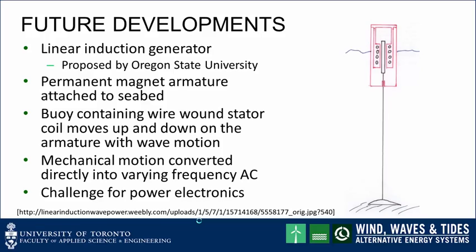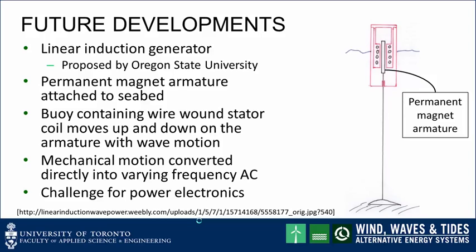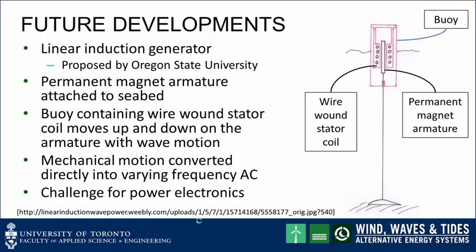In this design, there's a permanent magnet armature attached to the seabed, and the buoy, which contains a wire-wound stator, moves up and down on the armature with the wave motion. So you can see the oscillation there, and the mechanical motion of the buoy on the armature is converted directly into varying frequency alternating current.